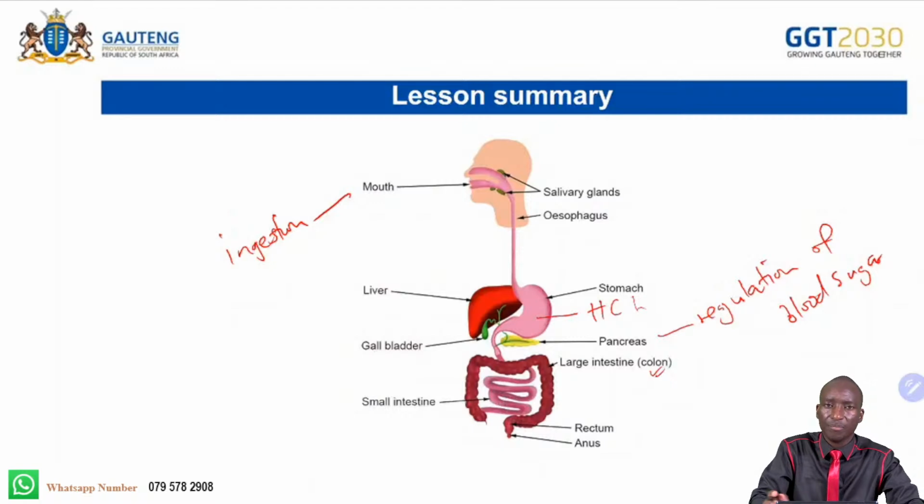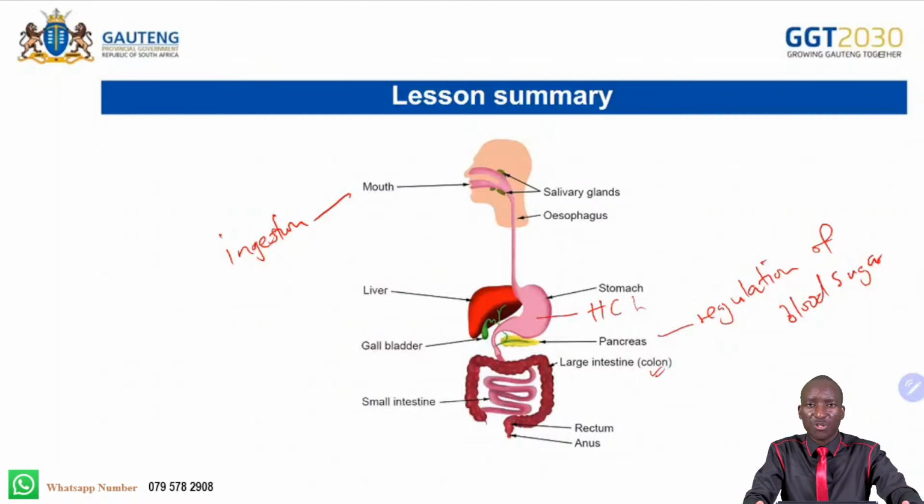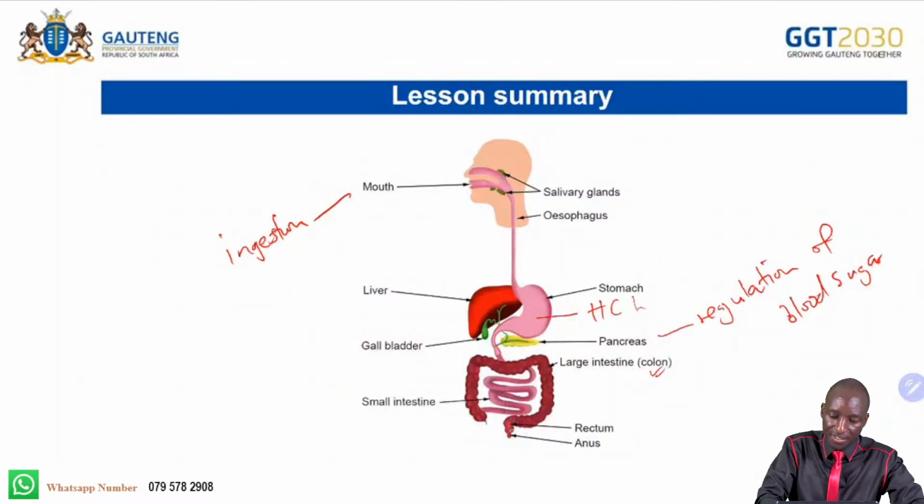The rectum is where you've got temporary storage of food products which have not been digested, or waste, in the form of feces. They are temporarily stored in the rectum before being finally extracted from our bodies through the anus down there.